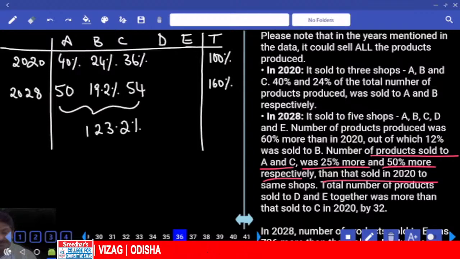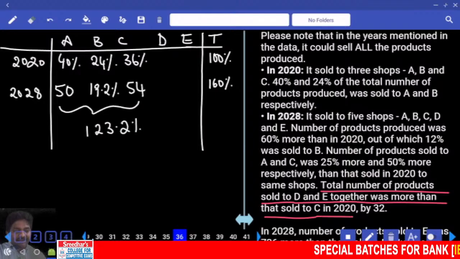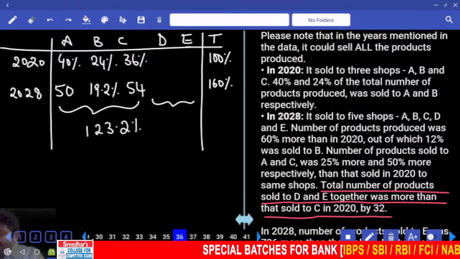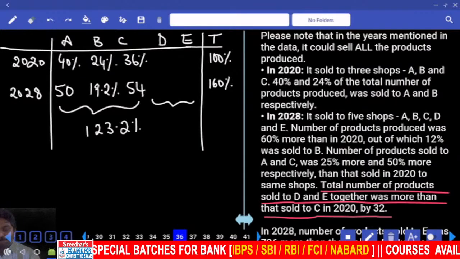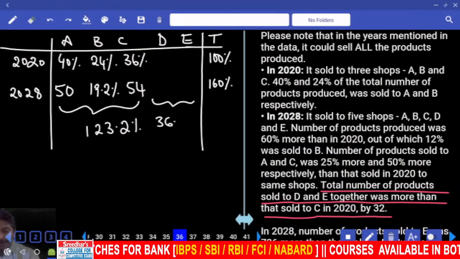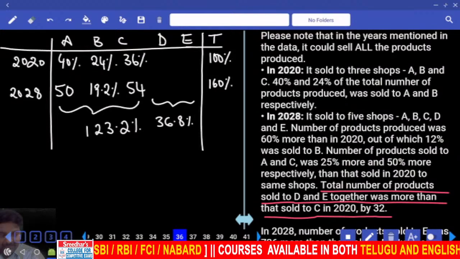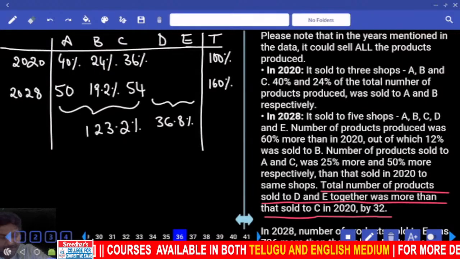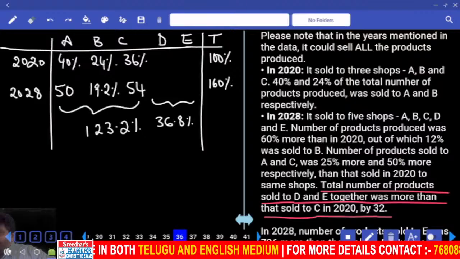So far 123.2% is there. Correct. Total number of products sold to D and E together was more than that sold to C in 2020 by 32. Okay. So out of 160, when you have 123.2, remaining 36.8% goes to both D and E. The underlined statement says D and E both are getting 32 more than C in 2020.